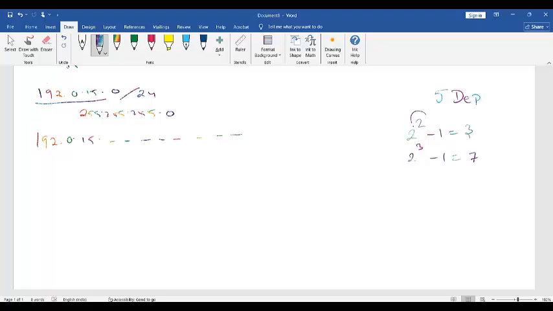So if I take only 2 bits, that won't be sufficient, correct? So I have to take 3 bits here. Even though I am going to get 7 department subnets, I am going to use only the first 5.